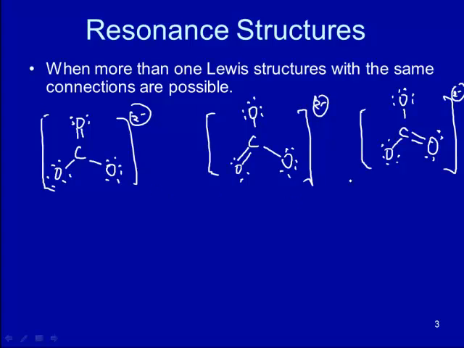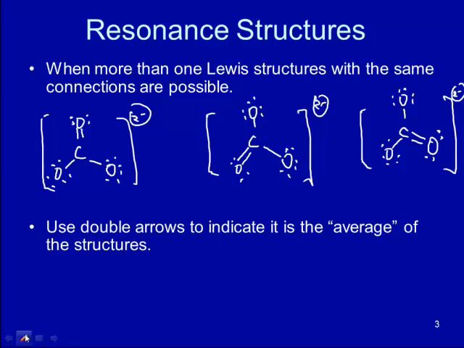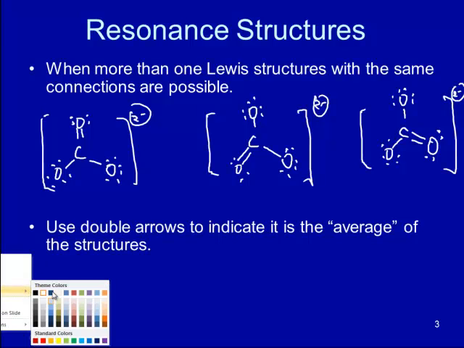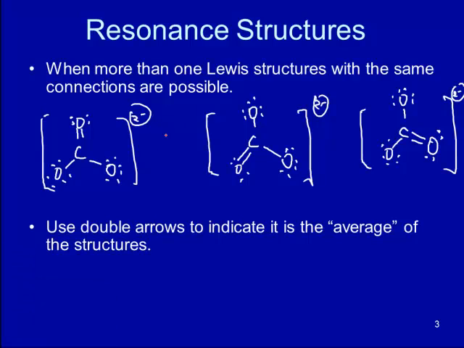All these three are called resonance structures for the carbonate ion. A lot of times, people use a double arrow to indicate those are resonance structures. When you take a look at the actual molecule, you can take a snapshot on average. The bond arrangement will be the average of all the resonance structures.